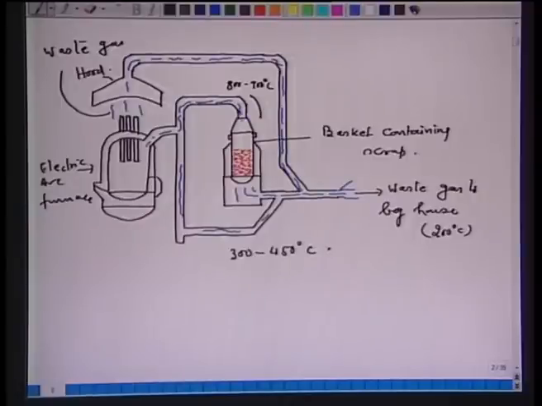That means every time you have to stop the process, take the bucket out, take it to the electric arc furnace and charge the preheated scrap into the furnace, again bring the bucket and repeat that process. So, this is a discontinuous type of preheated scrap arrangement, but even then this has worked and is working in some industries.